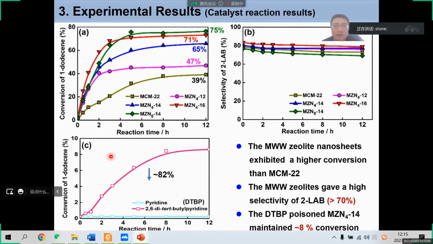This is a very interesting result: the poison experiment with pyridine and DTBP. In the pyridine poison experiment, the catalyst absolutely lost its activity, because pyridine can poison all of the active sites in the zeolite.